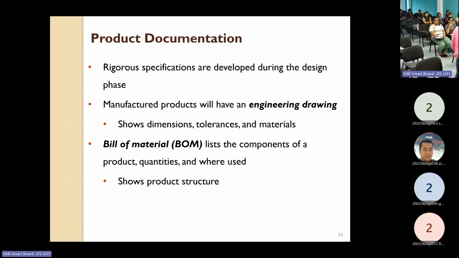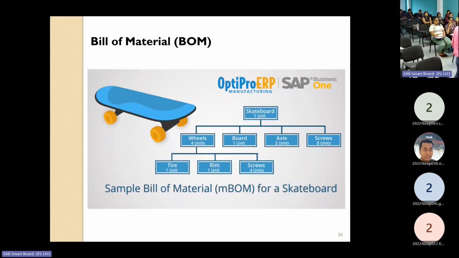usually shown as product structures. Let me show you one simple example. So this is a very simple product, right? Skateboard. So the BOM for a skateboard, a simple product, would look like this.